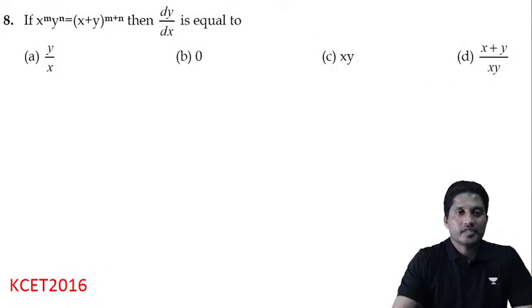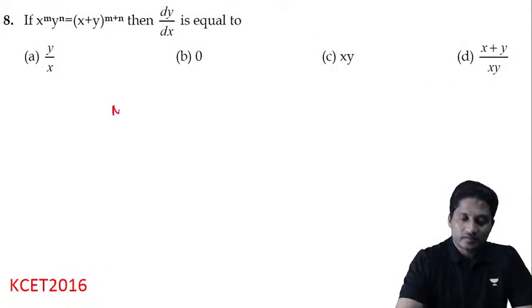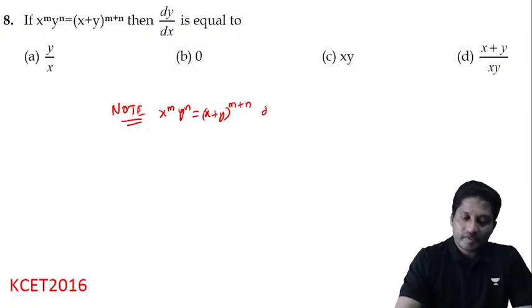Okay, x power m, see, it's a standard result, guys. x power m into y power n is equal to (x plus y) whole power m plus n. Then dy by dx is always equal to y by x.